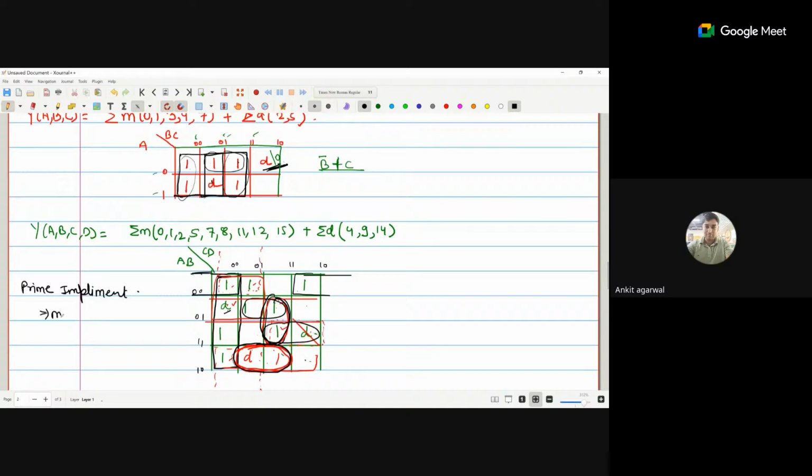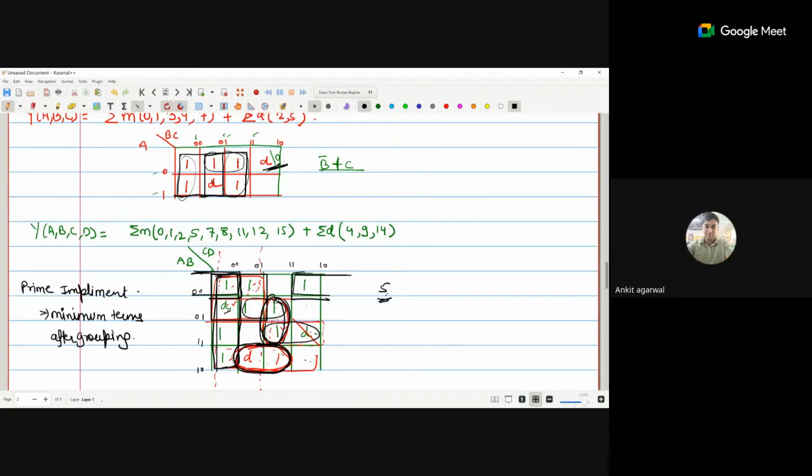It is the minimum after grouping. Taking this example, one column group is one prime implicant, along with this group of 4 it makes two, along with two groups of 2 it makes 4, and after that this one and this one, so only 5 prime implicants.